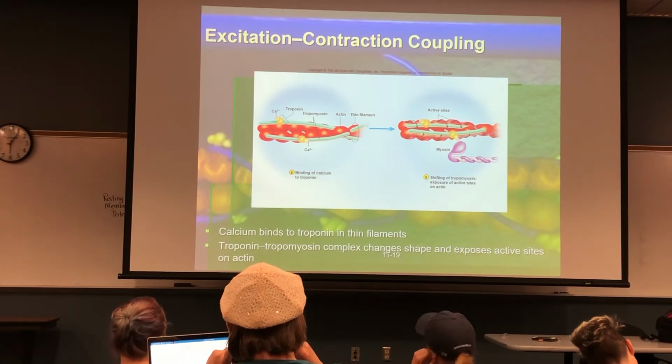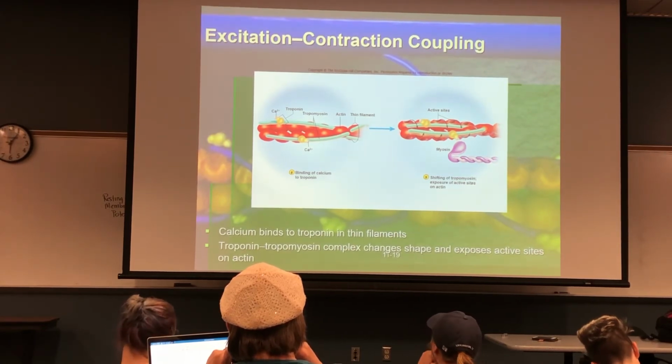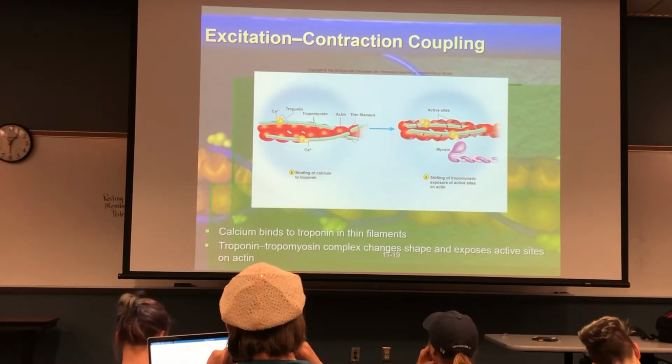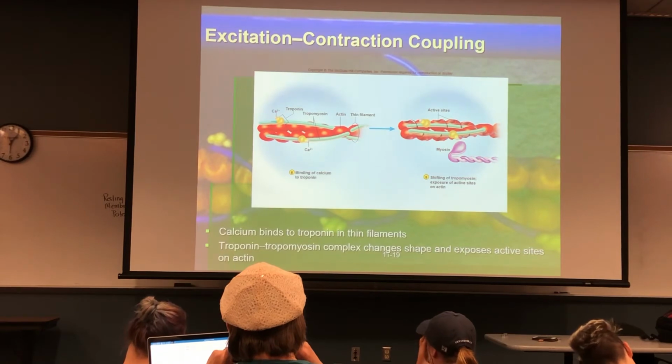You guys remember what these beads are called? G-actin, remember that? It exposes the beads, the active sites. And these are the perfect shape for the heads of the golf club. So now we can see how myosin and actin potentially can interact with one another.